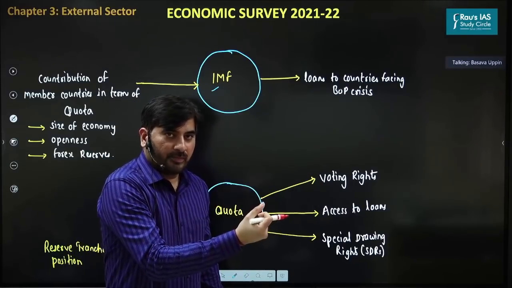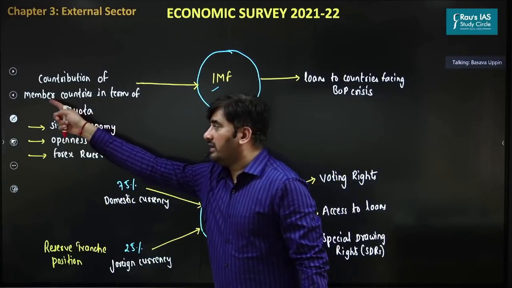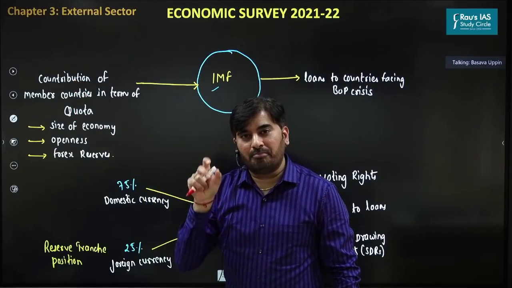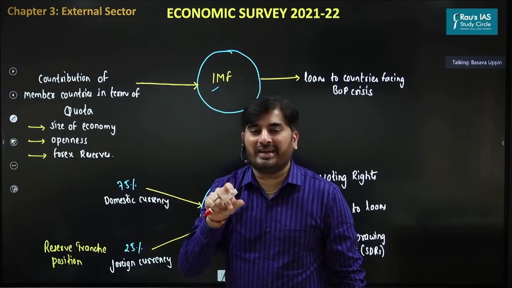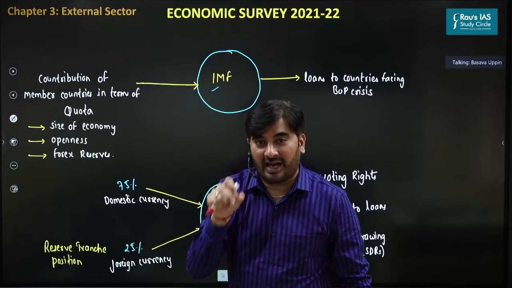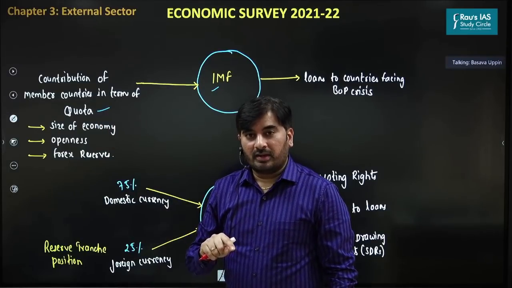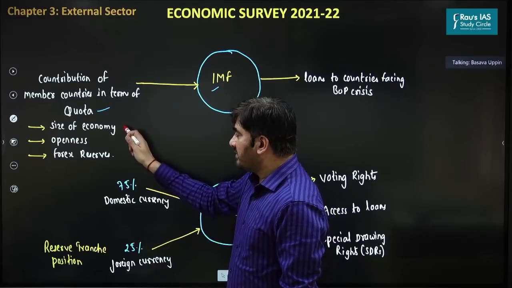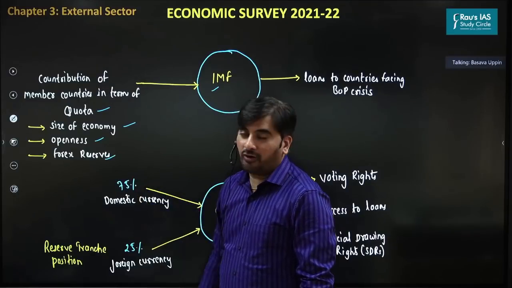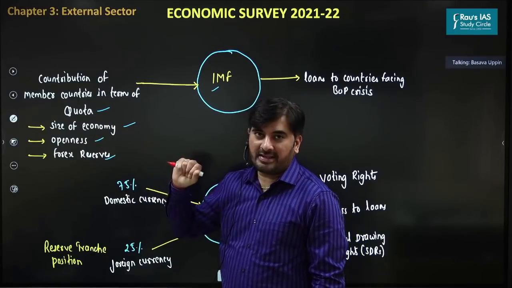To get money to give loans, IMF asks all the member countries to make a contribution. Any country which wants to become a member of the IMF is required to make a contribution. How much money a member country contributes to the IMF, we call this the quota. And this quota depends upon the size of the economy, the openness of the economy, and the total forex reserves a country has. Based upon some parameters, the quota is fixed.